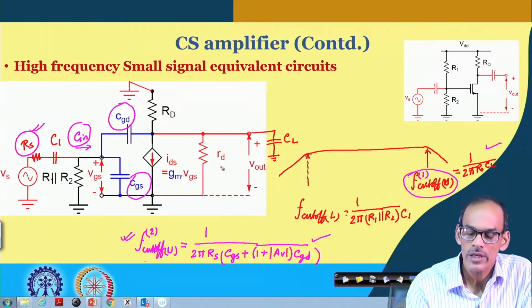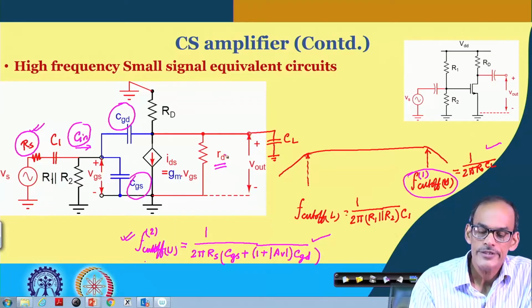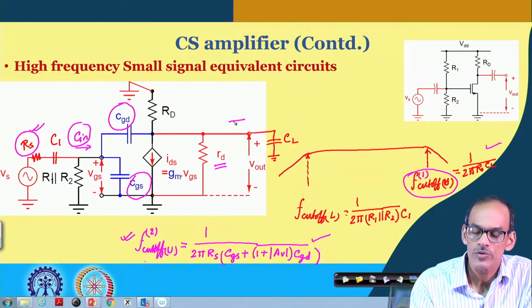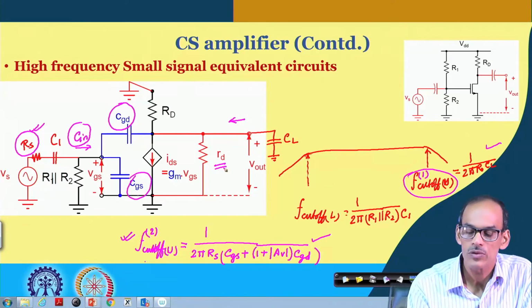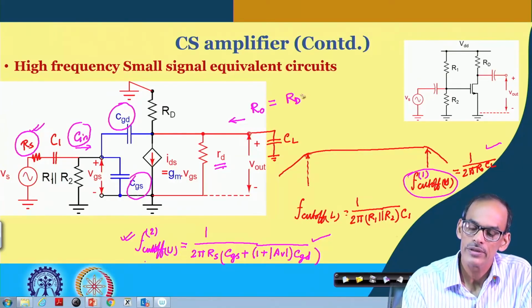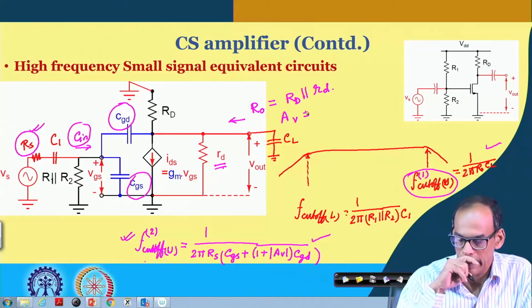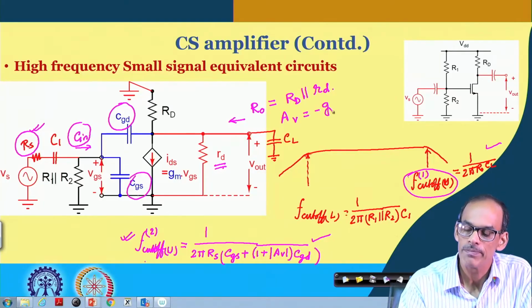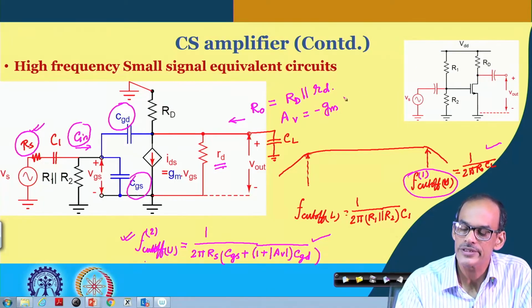On the other hand, if you consider the output resistance including R d, then the output resistance R o will be R d in parallel with small r d. And the voltage gain will be minus G m into this total resistance, which is capital R D in parallel with small r d.